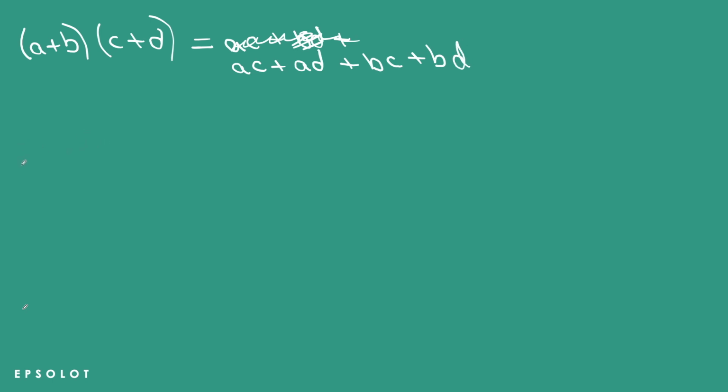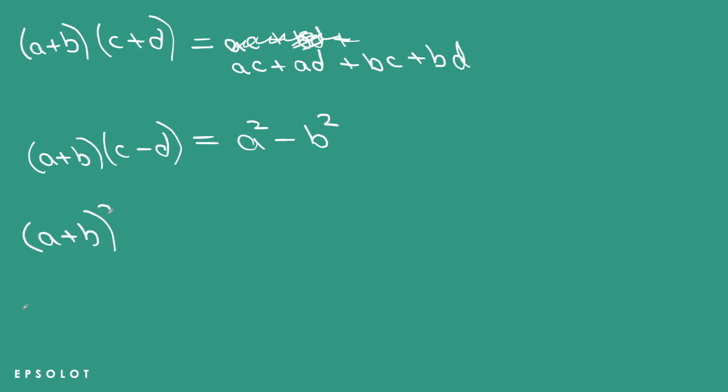On the other hand, if the two expressions that you're working with look something like this, so one of them is a positive, the other one is a negative, then the final expression should look something like this. If you have an expression being multiplied by itself, then you should get a squared plus 2ab plus b squared.